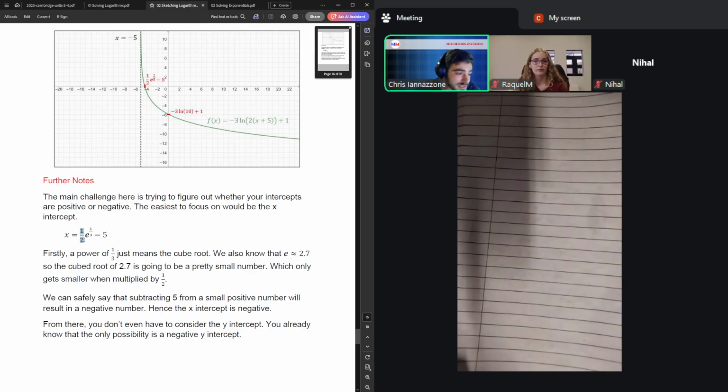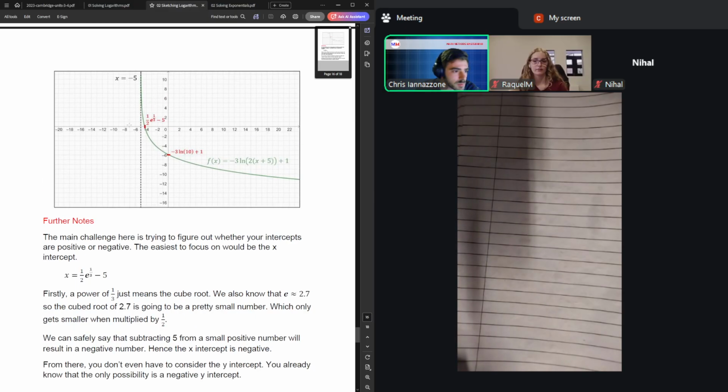You're then halving that already small number and then subtracting 5 from it. So even the fact that e is 2.7 and you're doing anything to it to make it smaller, the -5 is now going to become dominant. We can clearly see at this point that what we end up with is going to be a net negative number, so we draw our tick on the negative side of the x-axis.